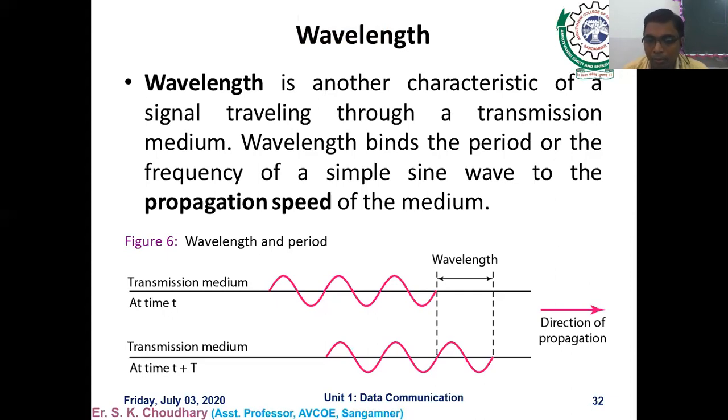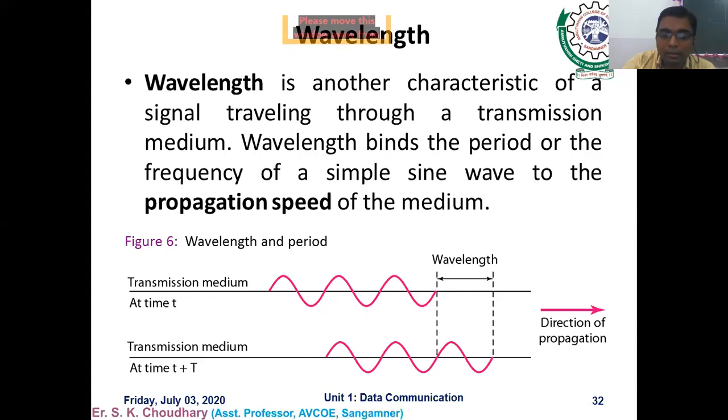But when you increase to t plus T time and capture the same propagation, you can see that this wave has propagated and traveled a distance, and that traveling distance is nothing but the wavelength of the signal.